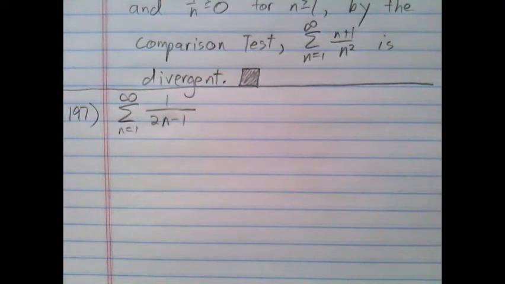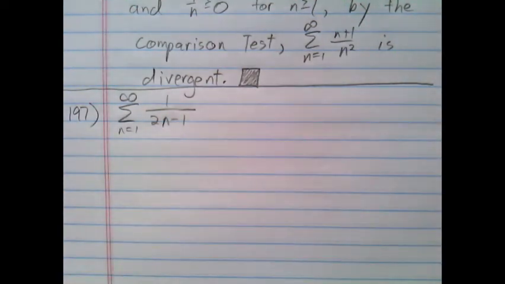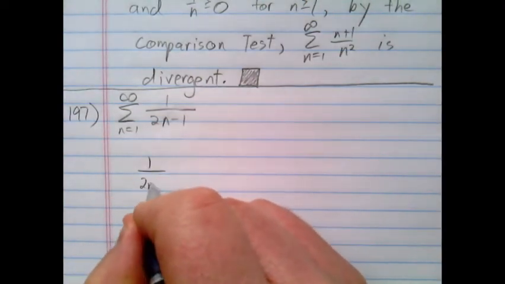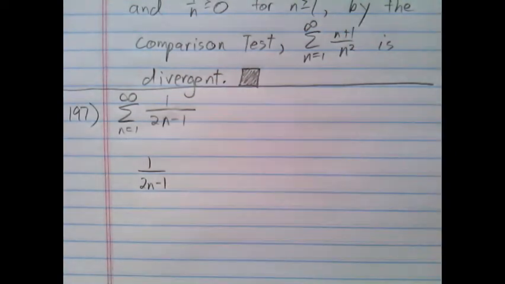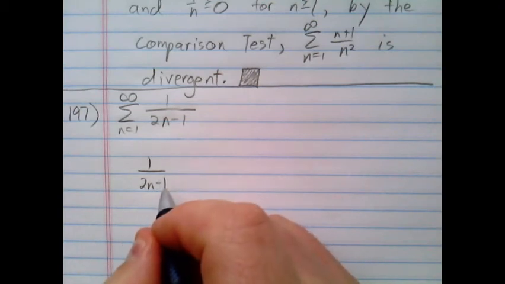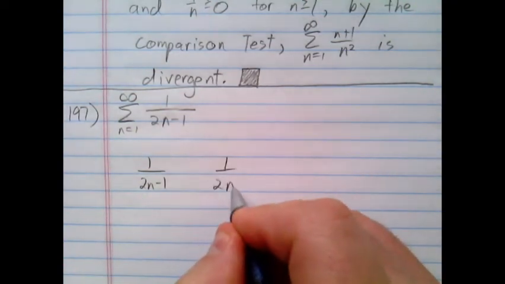So that means I need to make an argument, if I can, that these terms are bigger than the terms of that p-series, or of some p-series that's divergent. So I'm going to take my nth term and try to make changes to it that make it smaller. If I drop out this minus 1, dropping out the minus 1 would make the denominator bigger, and that makes the fraction smaller.